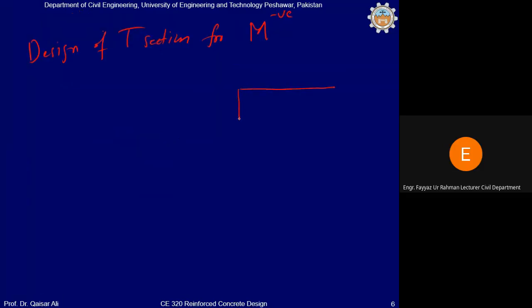This is the same T-shaped beam. For negative bending moment, you know that the bottom fibers will be in compression, top fiber will be in tension. So the compression block will form in the web part of the beam. Clear? And now, for example, the width of the web is denoted by BW, and the width of the flange is denoted by B effective.